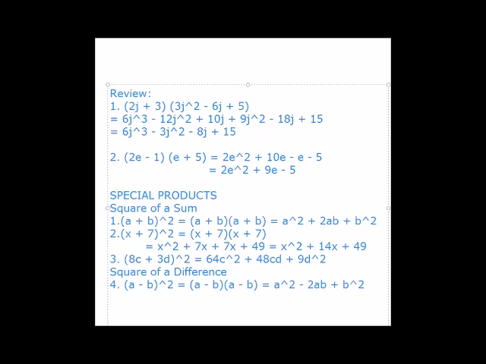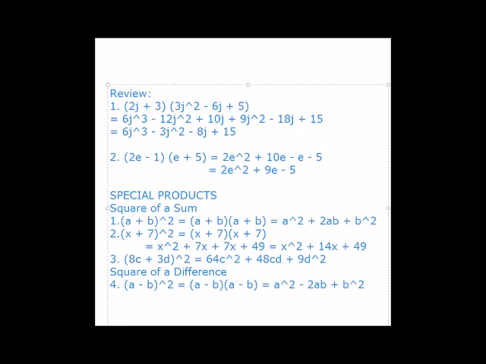We have a minus b squared. A is the first term, and negative b is the second term. So the pattern is a squared. And then 2. Do we always have the 2?